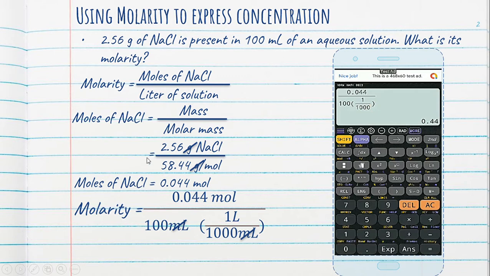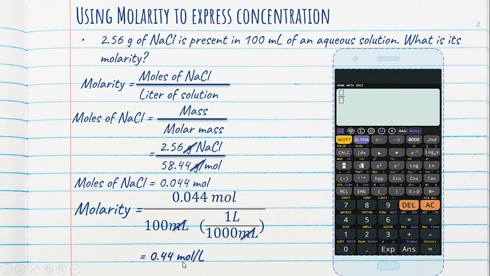We now have 0.44 mole per liter. So the molarity of sodium chloride present in 100 mL of an aqueous solution is 0.44 mole per liter.